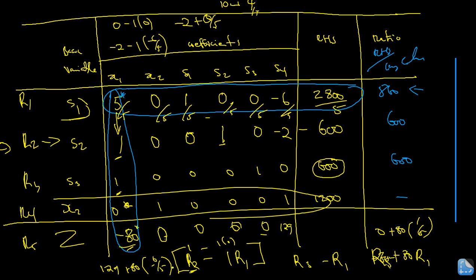So what is 80 multiplied by negative 6 over 5? It's 96. So it will be 129 minus 96. So we're getting a 33.